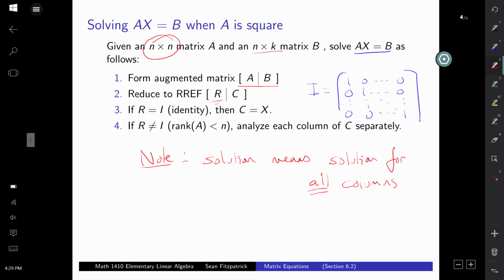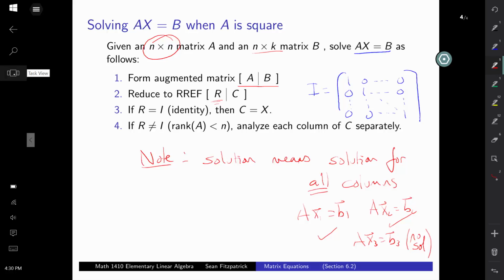So if B had, say, 3 columns and you were able to solve A times x1 equals b1, and that one worked out fine, and then you did A times x2 equals b2, and that one worked out fine, and then you did A times x3 equals b3, and you found that there was no solution for one of those 3, then there's simply no solution for the whole thing. There's no matrix X that's going to work. All right, so in the next video, we'll do some examples to show you how this works.